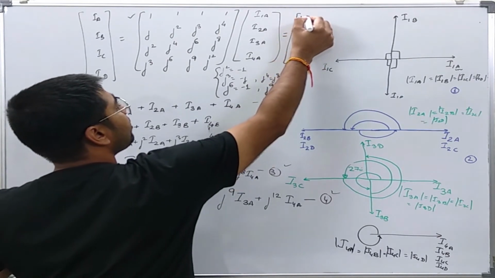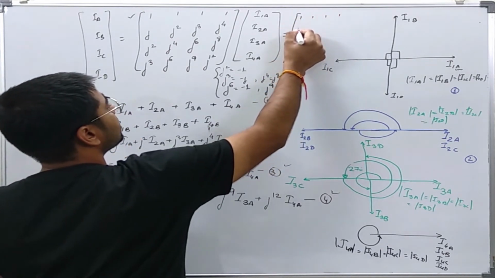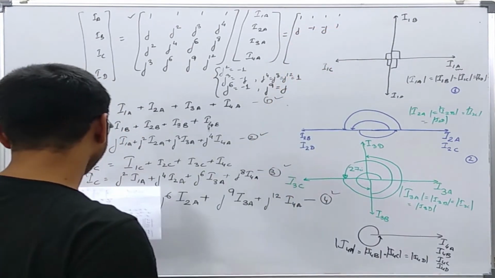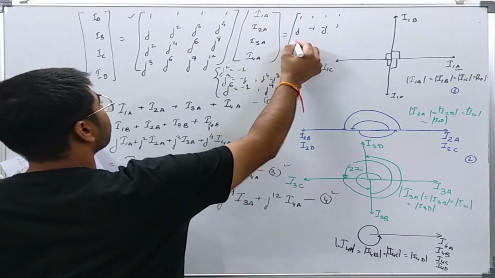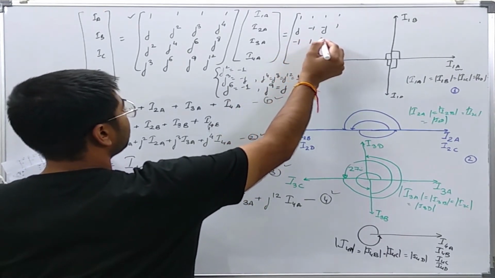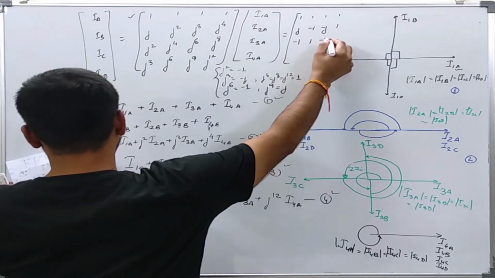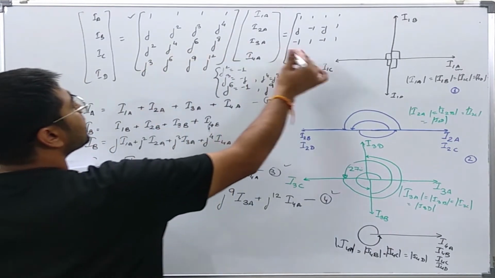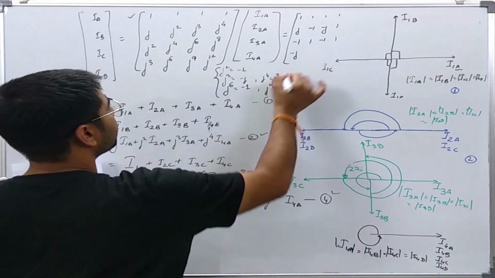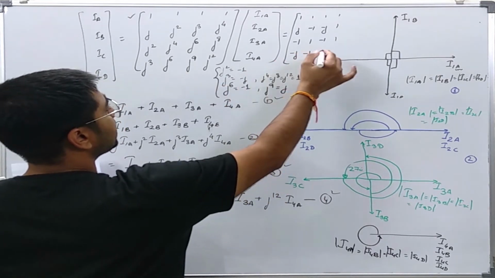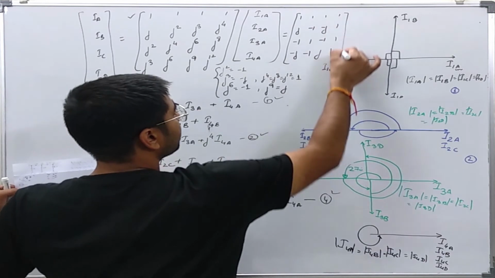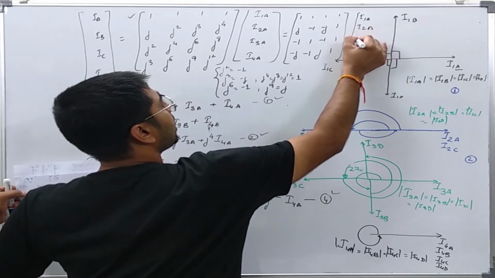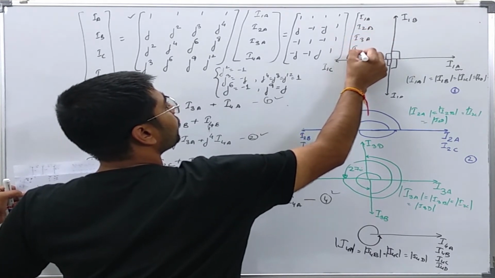So it comes out to be 1, 1, 1, 1; J, minus 1, minus J, 1; minus 1, 1, minus 1, 1; and minus J, minus 1, J, 1; into I1A, I2A, I3A, I4A.